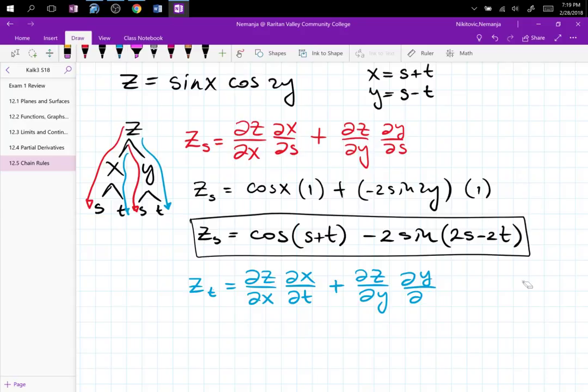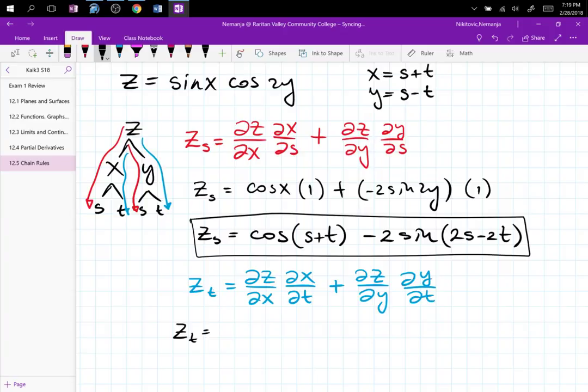There we go. To check, you cancel the dx, dx, dy, dy, and you have dz, dt, dz, dt. So that's good. All right, switching back to do the problem.